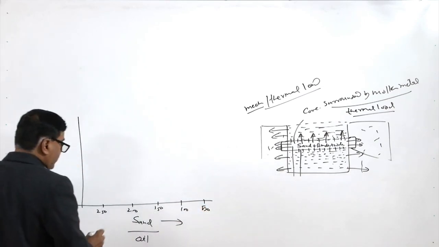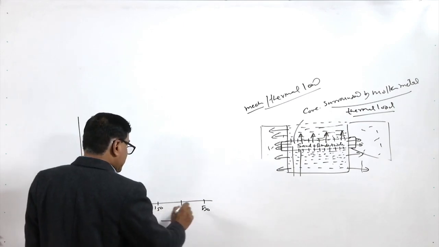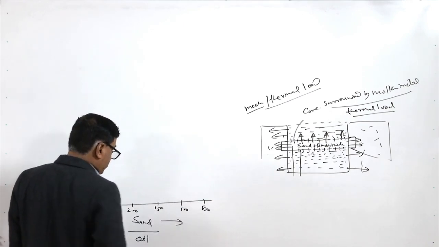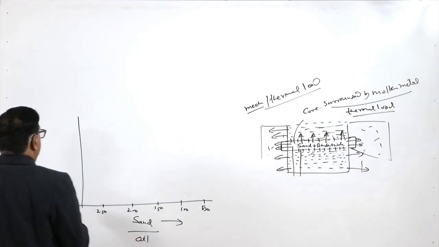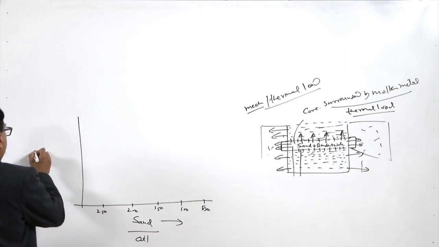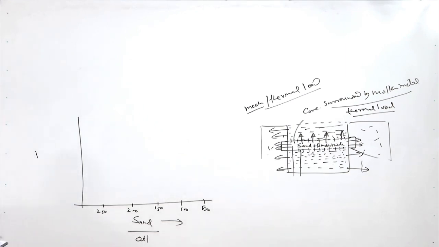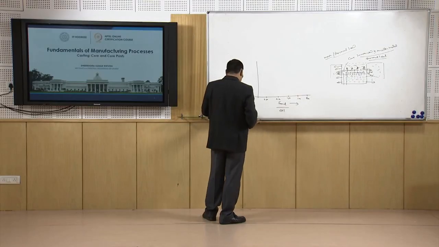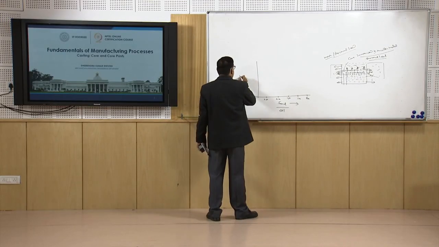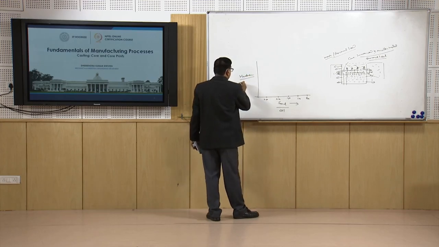It shows that the amount of sand is decreasing and the fraction of binder is increasing, and on the y axis we have the properties like permeability, strength and hardness.